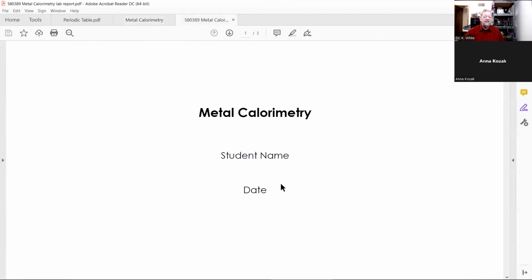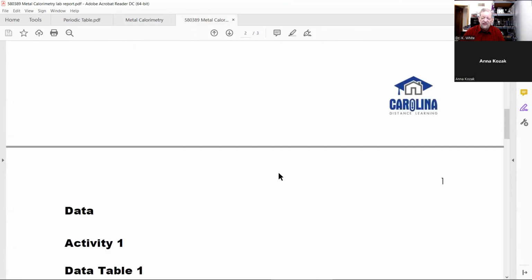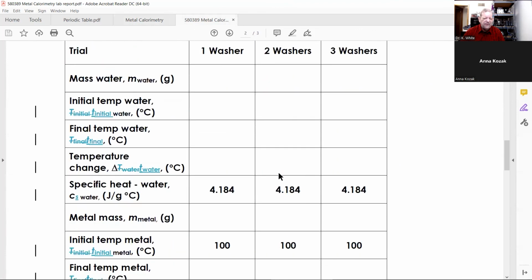All right, everybody see on your screen right now, metal calorimetry student name, date. Thank you. All right, now this is posted in Blackboard. Here's the table you should fill in from the previous one.